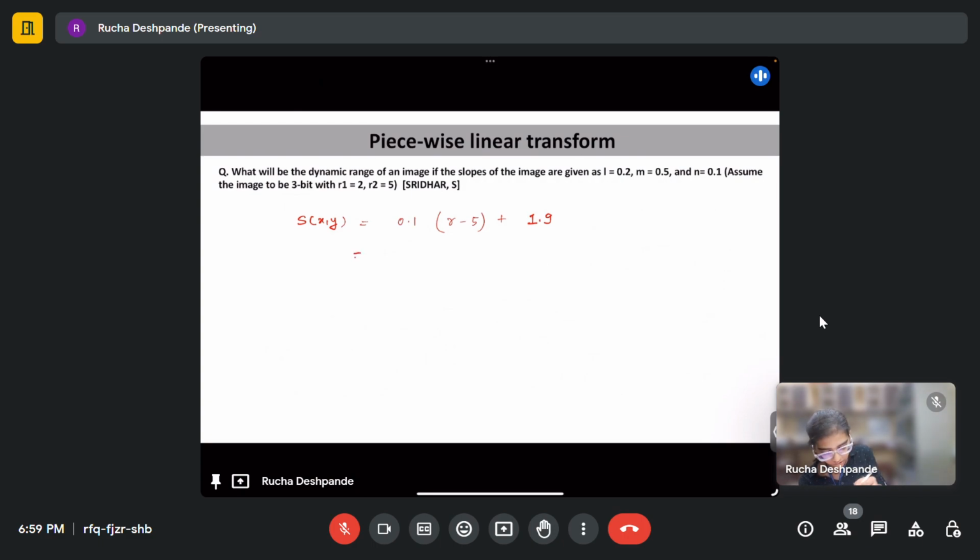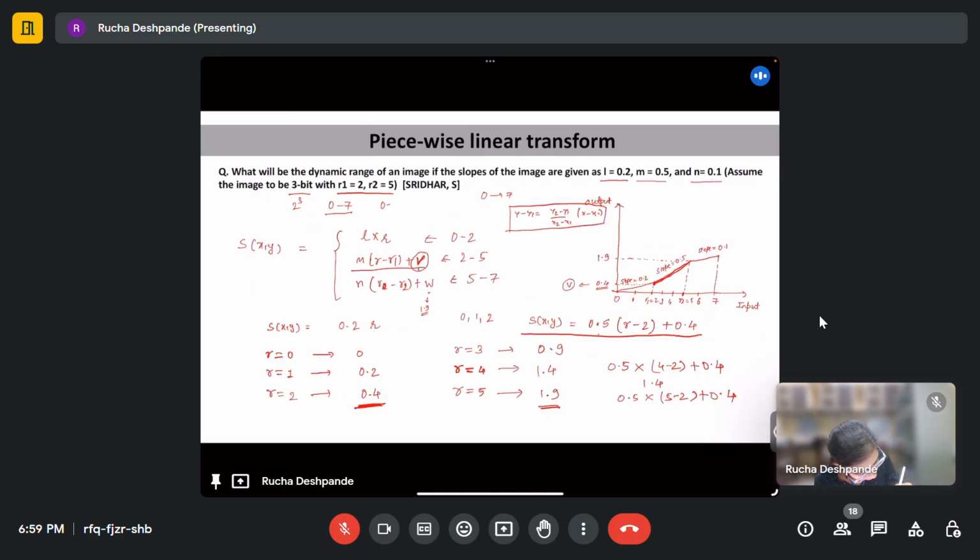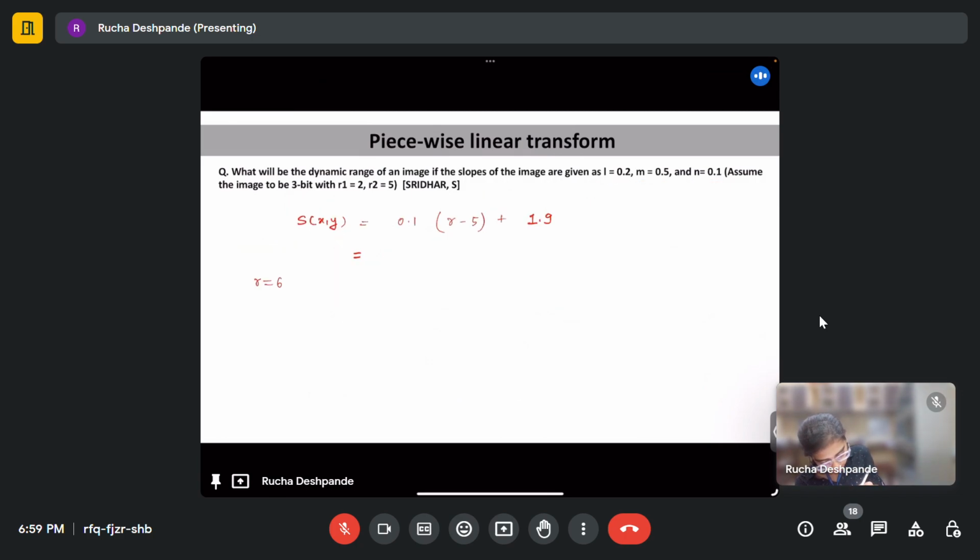So when I have r equal to 6, this is my function. When I substitute 6, at r equal to 6 my function value is 2. And for r equal to 7, it will be 2.1. Right.